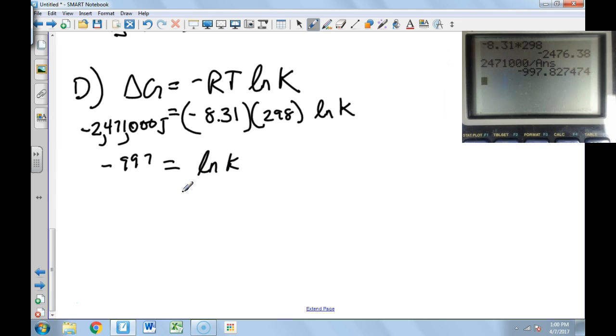And so to get rid of the ln, we go E raised to the power of, and this is the answer. E to the 997, it's not negative, it's positive, because negative, negative, positive. I'm having a bad calculator moment with this particular problem.